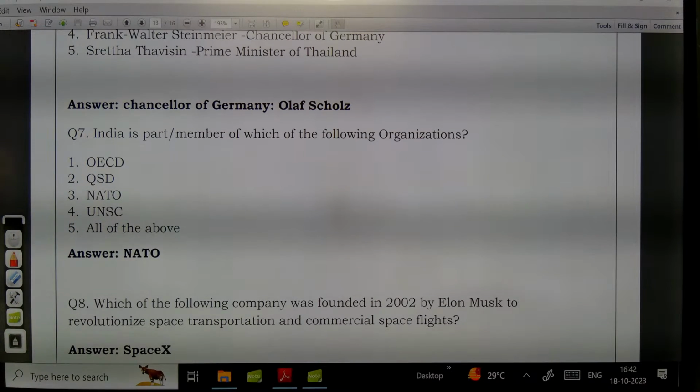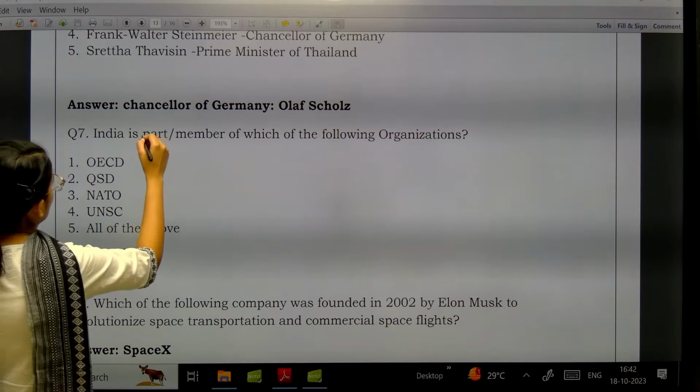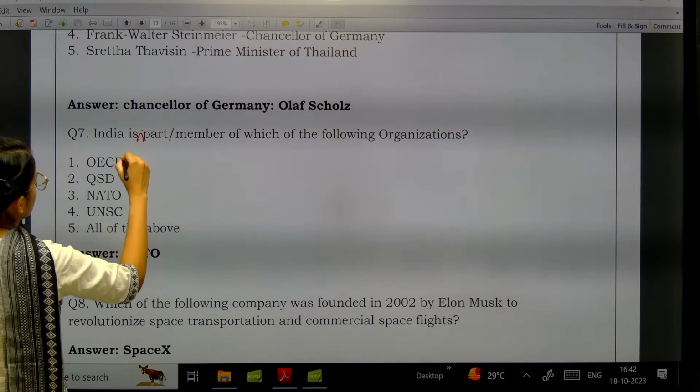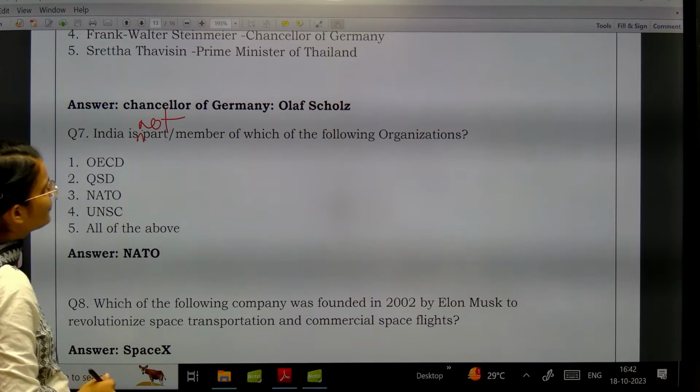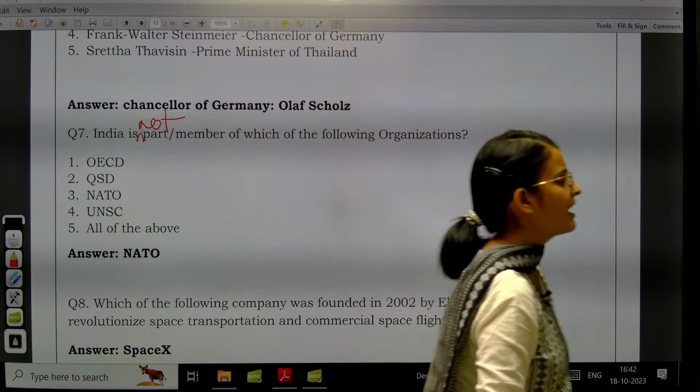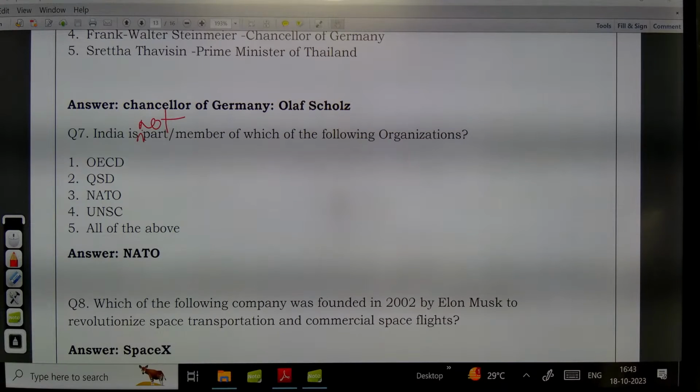India is part or member of which of the following organization? India is member of, it was not the question was India is part of which organization was asked, or which organization it is not part of?